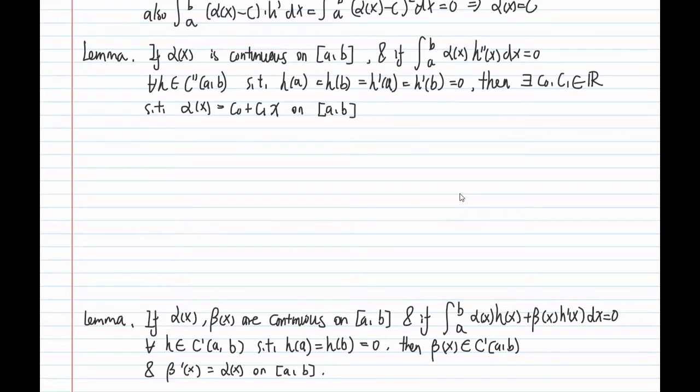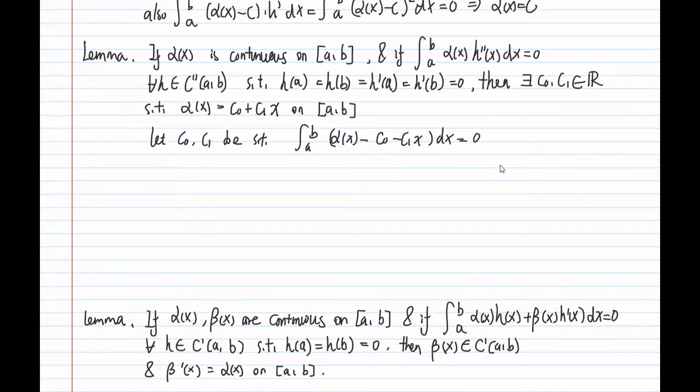We're going to construct this C0 and C1 explicitly. Let C0 and C1 be such that the integration from a to b of the function alpha x minus C0 minus C1 x is equal to 0. But that's not sufficient to determine two variables, right?